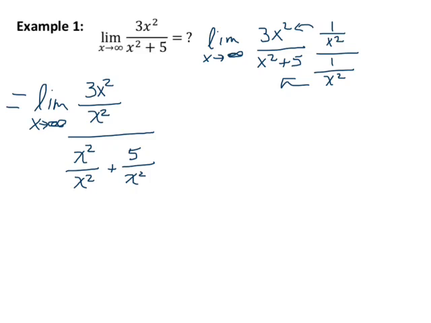Now let's see if we can reduce some of these fractions. We have x squared divided by x squared, and that just gives us a factor of 1. And in the new denominator, we have x squared over x squared, and that gives us a factor of 1 as well. And this part right here, let's recall from our previous page, and let's go ahead and take a look at that right now.